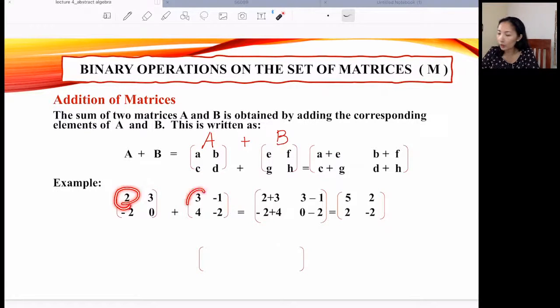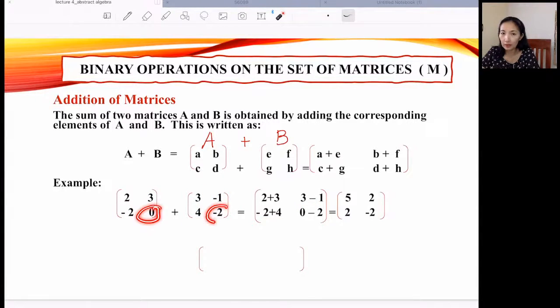Okay? 2 plus 3. And then 3 plus negative 1, or 3 minus 1. There we have it. And then negative 2 plus 4. There it is. And then 0 minus 2.